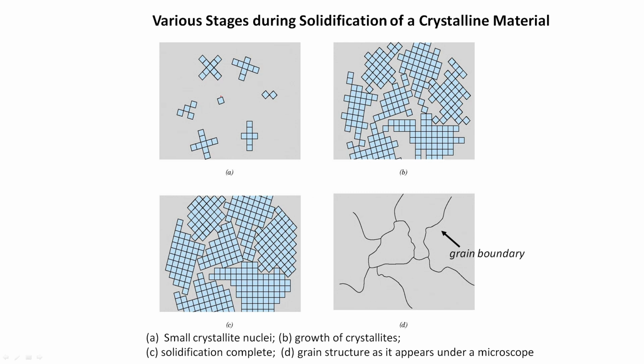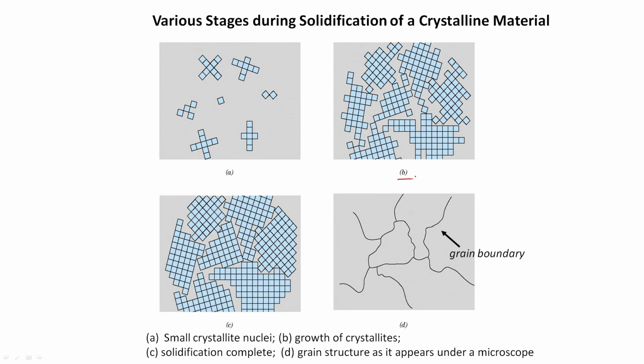Once this nucleus forms, it can form anywhere in the liquid, or at some specific locations, which we will talk about a little later. Then, in the second stage, these nuclei will grow. Growth means attachment of atoms to the nucleus. Once they are fully grown, these nuclei do not know each other, so at the end they hit each other and form boundaries.